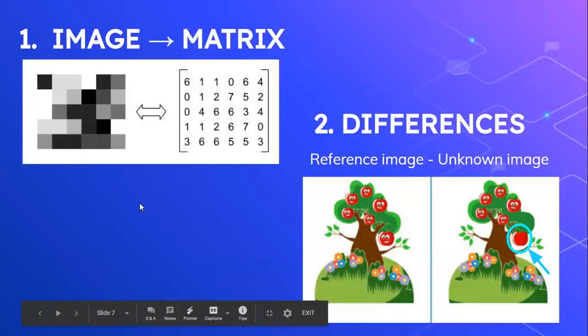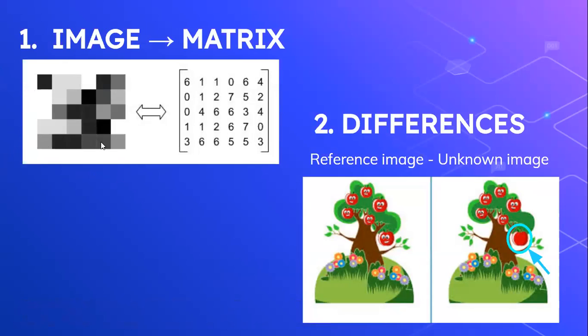In this method, the first thing we do is we get an image, and I'm going to call this image the unknown image. We're also going to have a set of reference images, and we're going to see which one of our reference images the unknown image matches best.